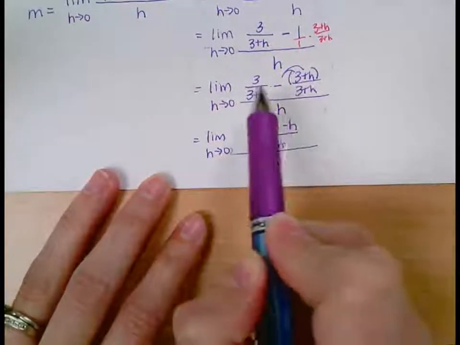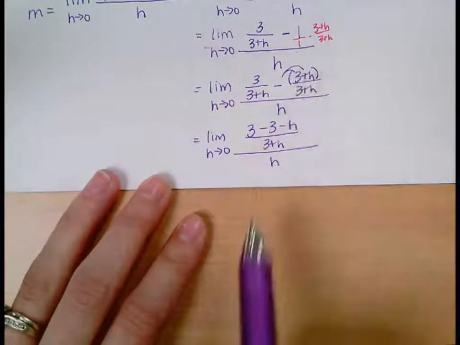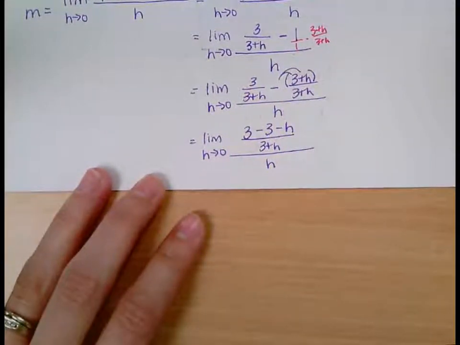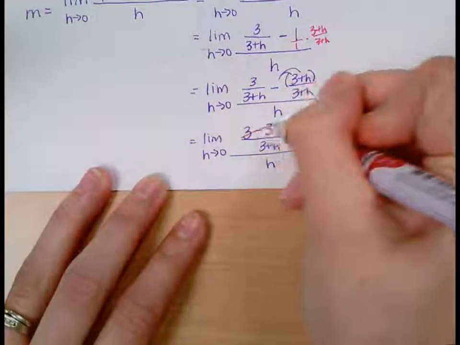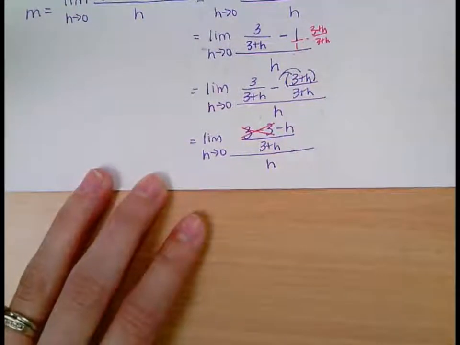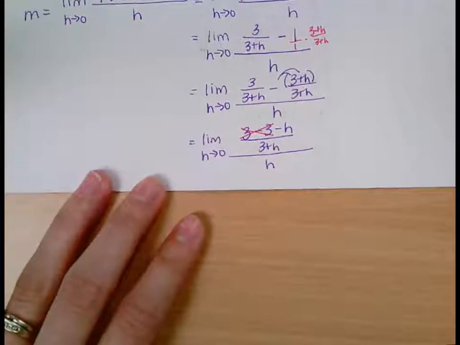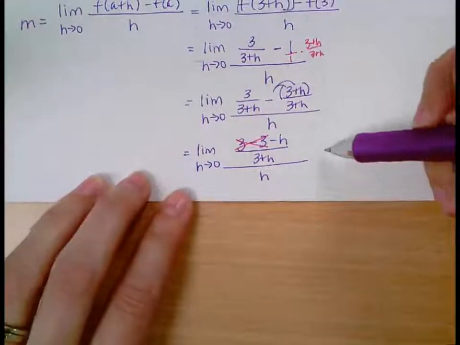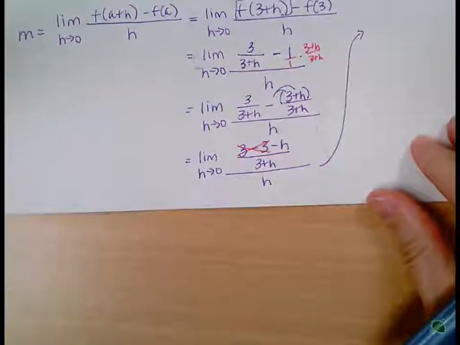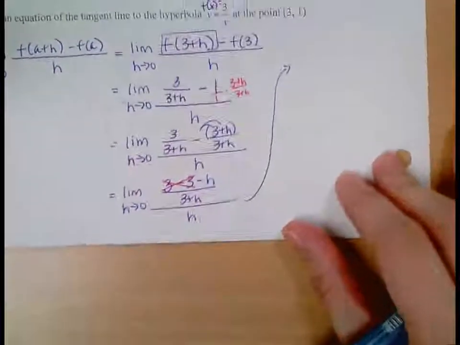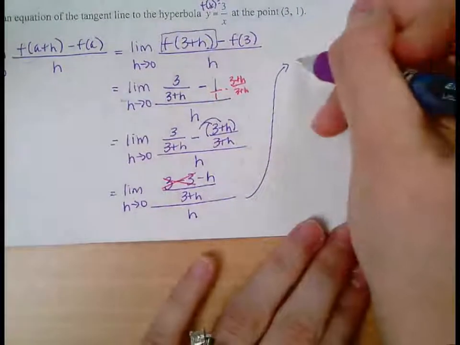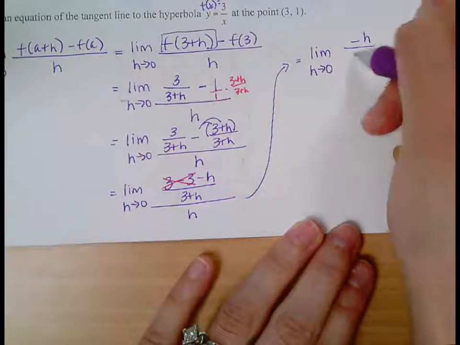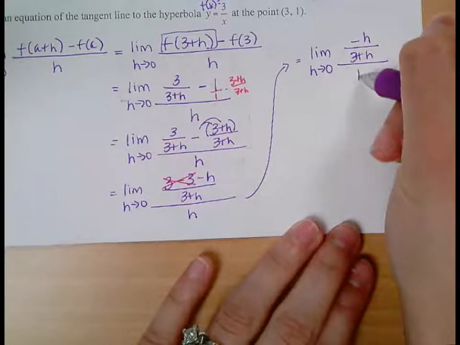So the 3 minus h is the 3 minus this quantity, combining this numerator into 1 fraction. And then these 3's are gone. So I really have, I'm just going to rewrite this here. I have negative h over 3 plus h all over h.